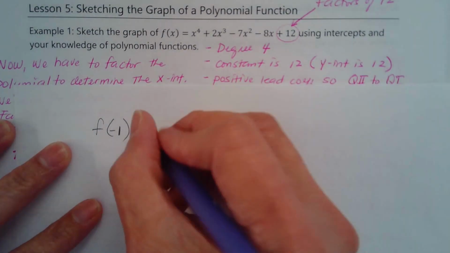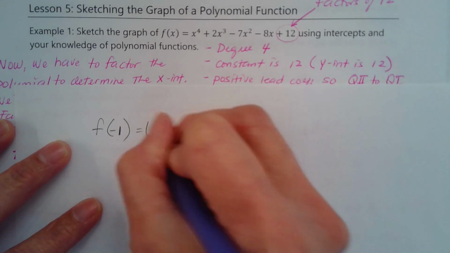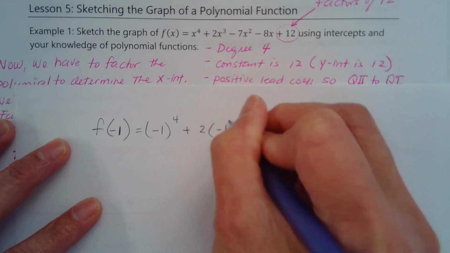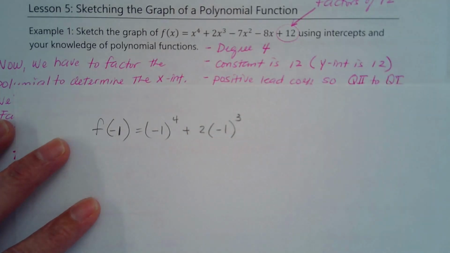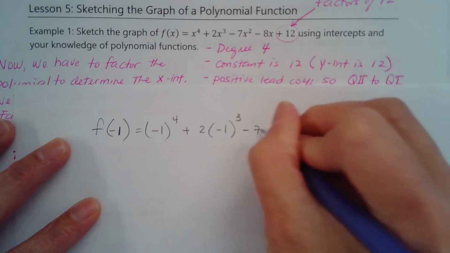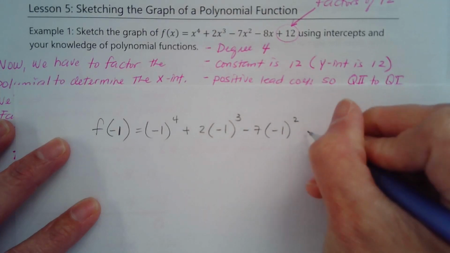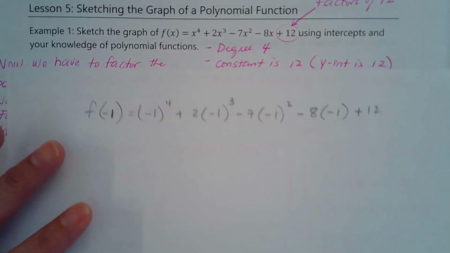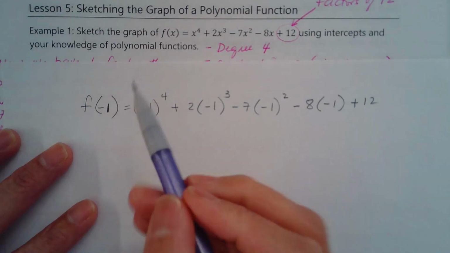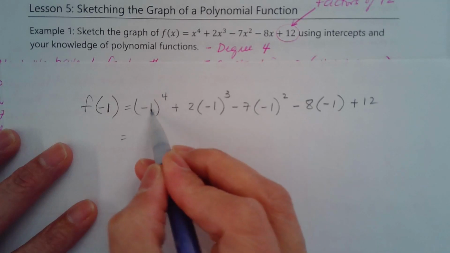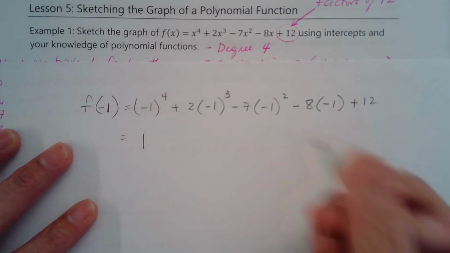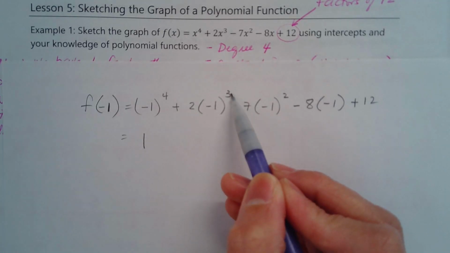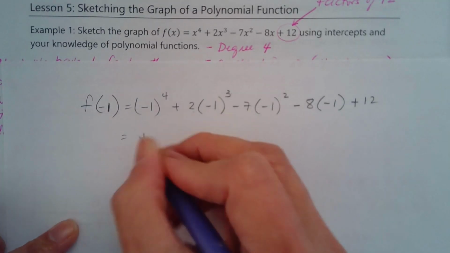So that would be -1 to the 4 plus 2 times -1 cubed minus 7 times -1 squared minus 8 times -1 plus 12. Okay? Let's see that. So -1 to the 4 is 1. -1 cubed is -1, times 2 is -2.